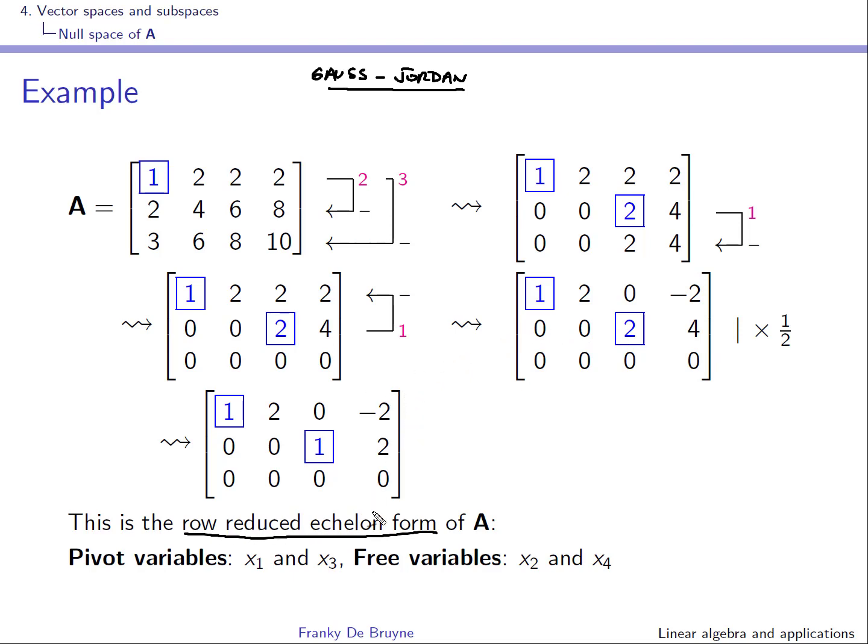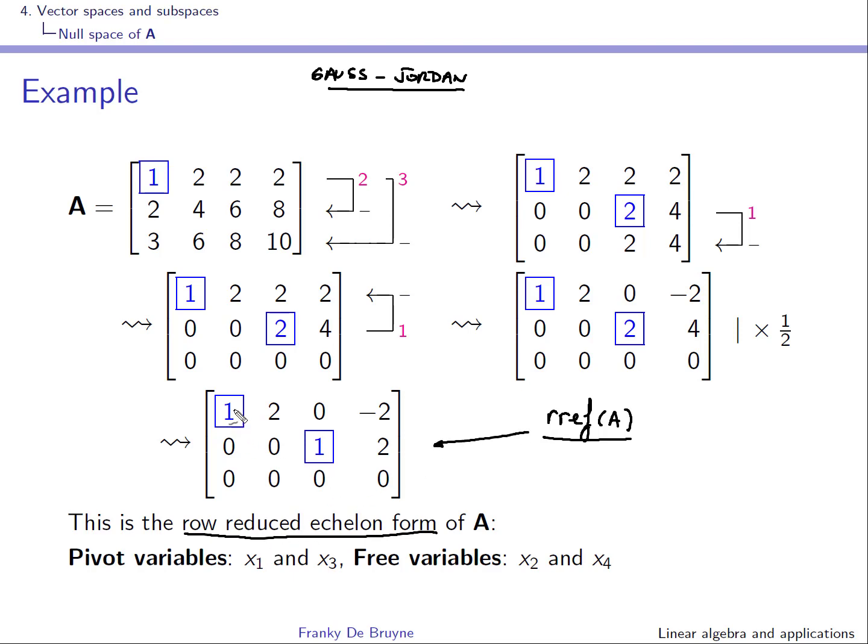And we end up with the row reduced echelon form. In MATLAB you can do this using the command rref, row reduced echelon form. Simply this command here will produce this matrix over here.